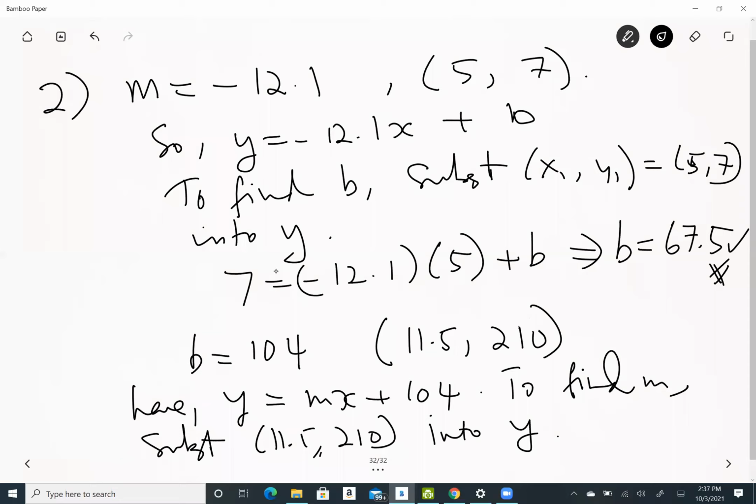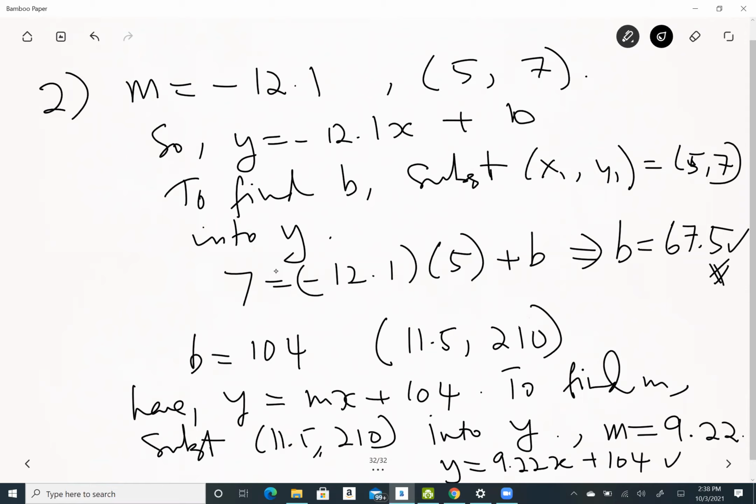You will get the slope. 9.22. Everybody got it? Okay, good. So m is equal to 9.22, and your equation will be y equal to 9.22x plus 104.